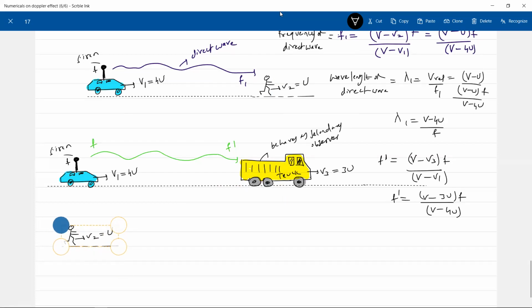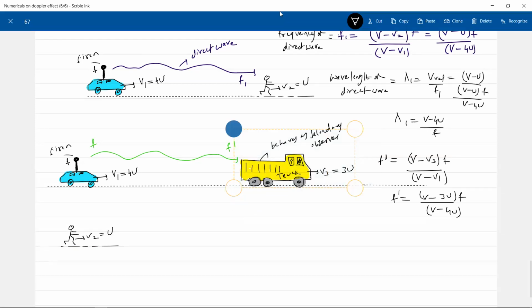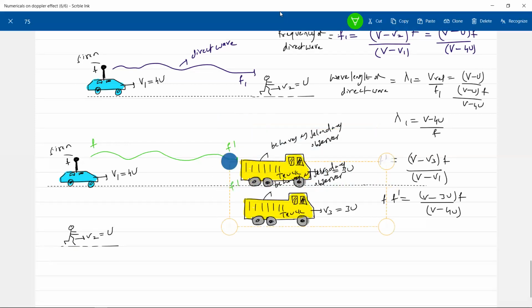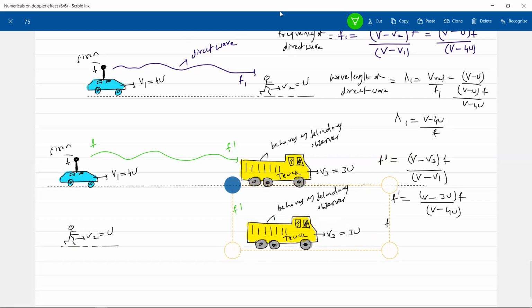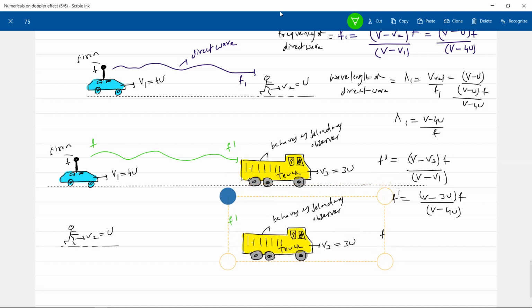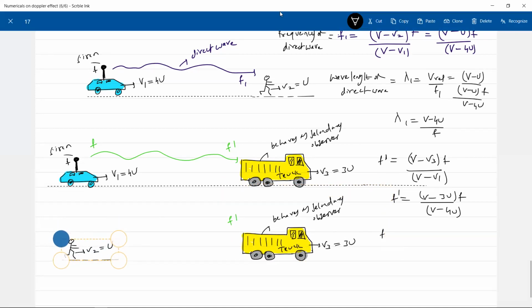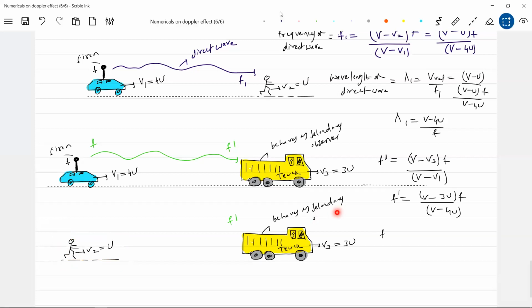Luckily, I'm able to have a diagram, at least. You'll understand this very clearly now. The truck acts as a secondary source, so it will generate waves now.